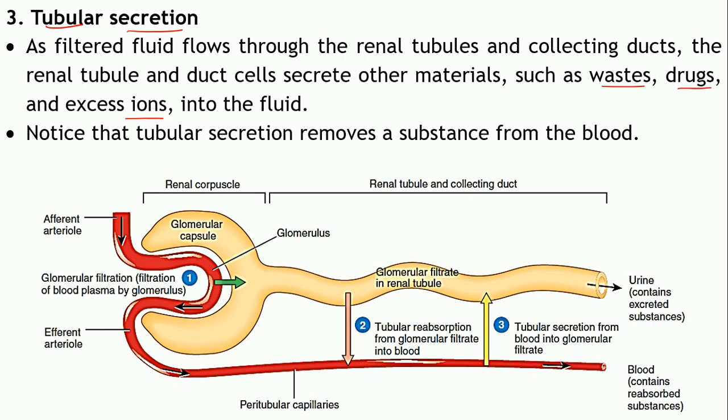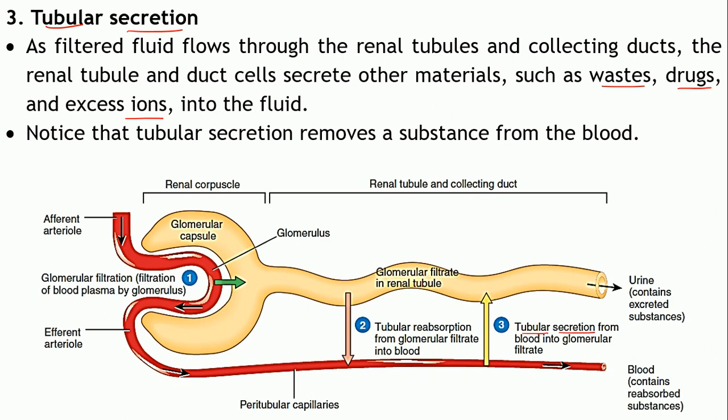The required amount is retained and whatever is in excess is excreted into this fluid. So this process of movement of substances from the blood into the glomerular filtrate present in the tubules is known as tubular secretion. Things are getting secreted into these tubules.